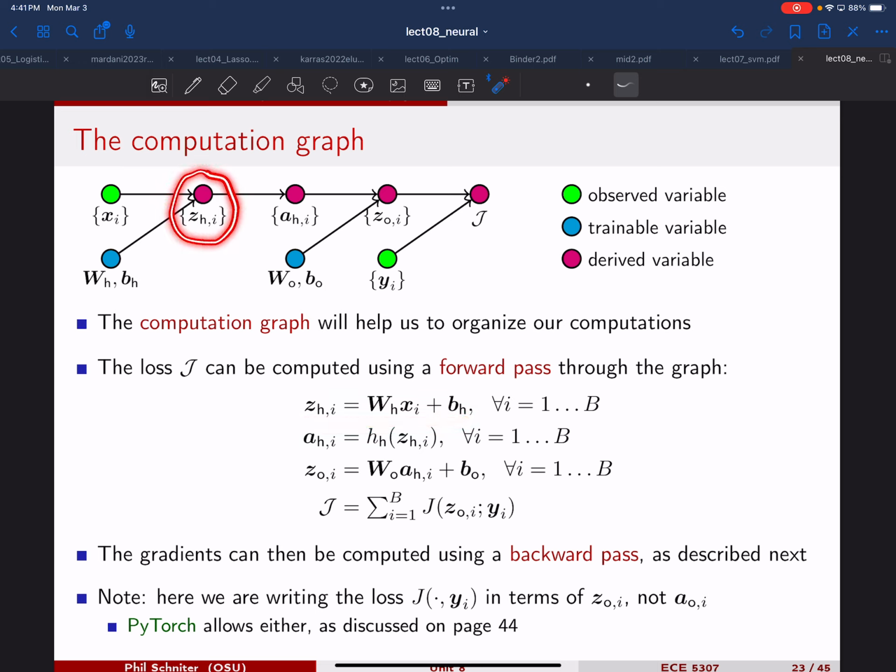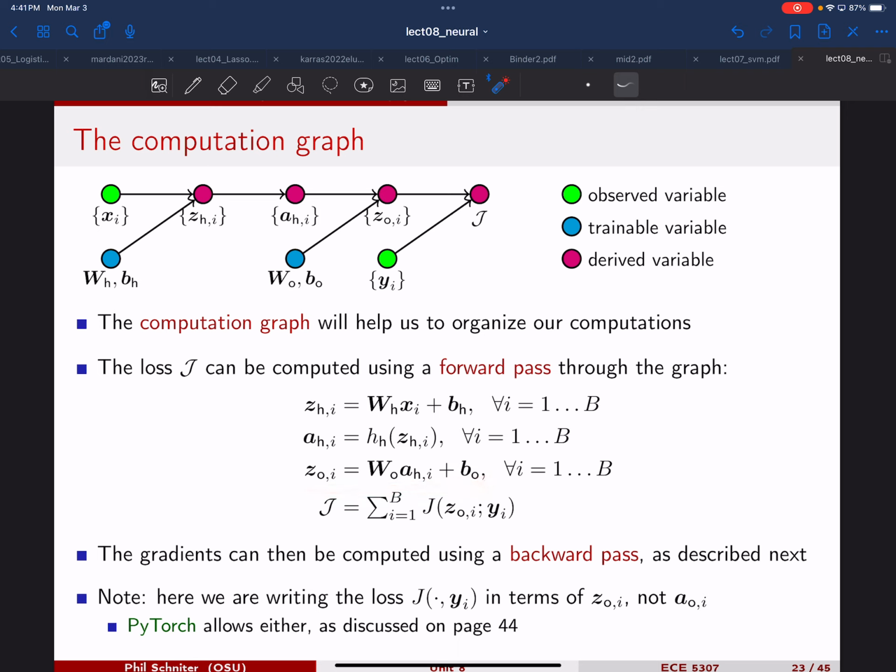Given these numbers, we know how to get the hidden layer activations by just putting those through the activation function. Maybe it's a sigmoid, maybe it's a ReLU, whatever it is, we know what it is. So given the z^H_i, we can compute the a^H_i. So now we know those. And given those activations and given our output layer parameters, we can compute our output layer scores according to this equation.